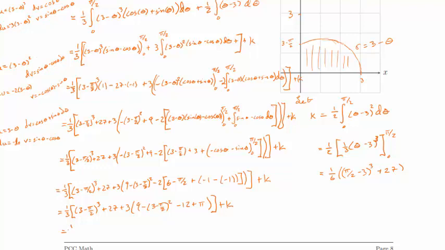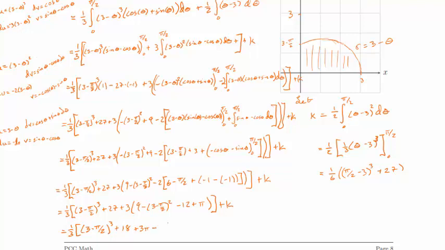So 1/3 bracket, parentheses, 3 minus pi over 2 cubed plus 27 plus, in here this becomes 9 minus 12 is negative 3 times 3 is minus 9 plus 27 is 18. And then we get a 3 pi.